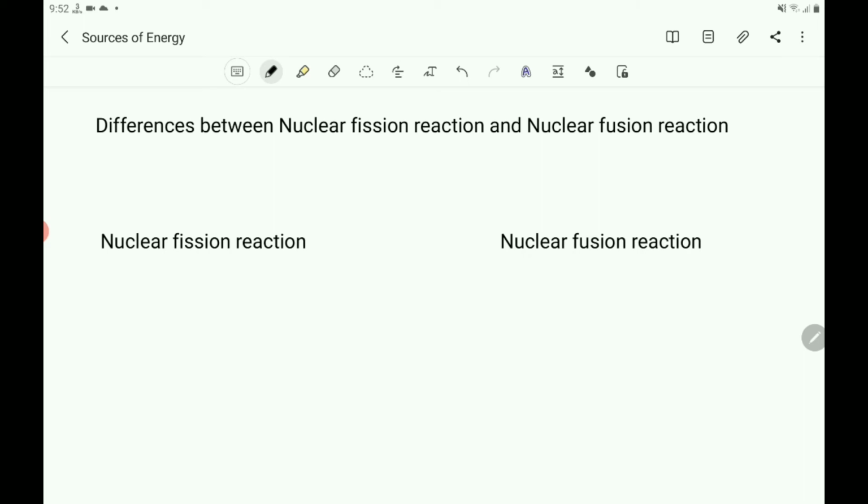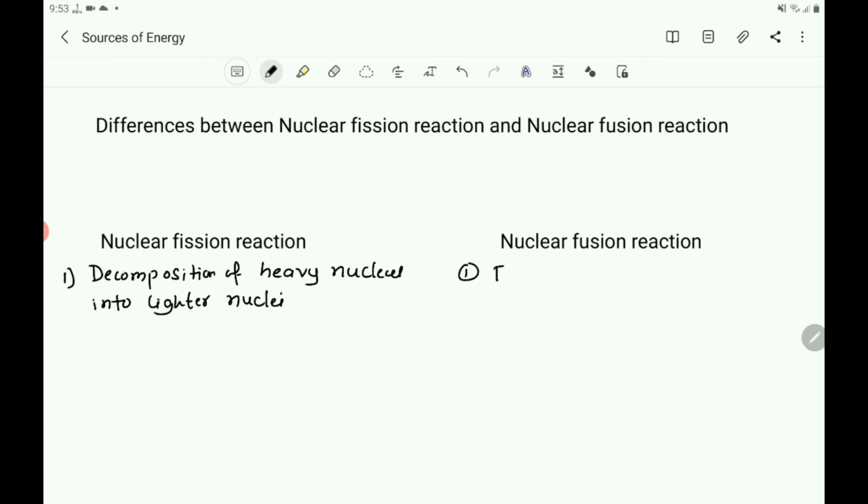Now let us write the differences one by one. So you write first one, that is breaking or splitting up, decomposition of heavy nucleus into lighter nuclei.